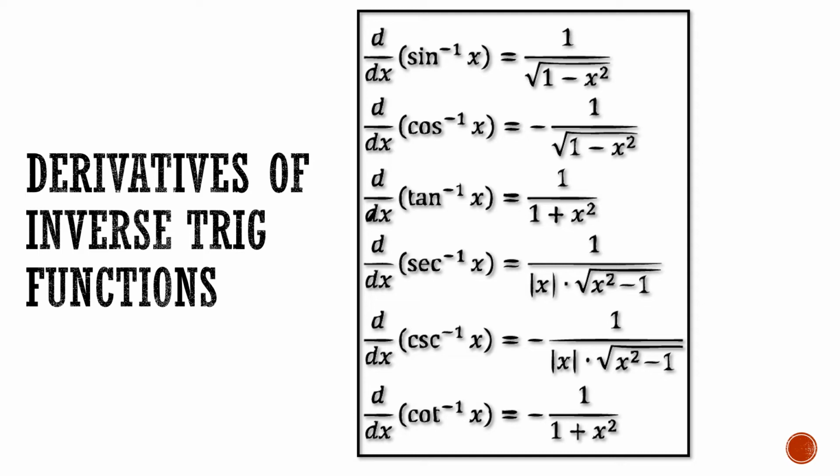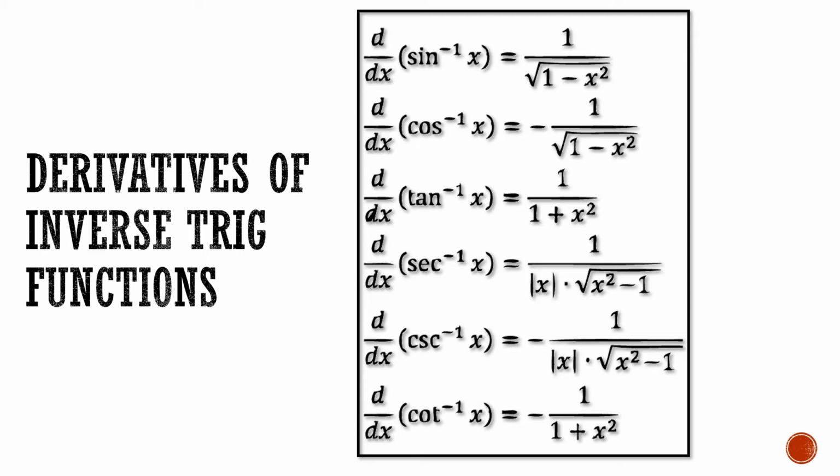of inverses. Now, the quick, easy way to do it, or one of the little tricks I use, is that if you notice, the derivative of sine inverse is the exact same as the derivative of cosine inverse, except cosine is negative. And we talked about that. Anytime you see the derivative of something that starts with C, we know we're going to put a negative in front of it.